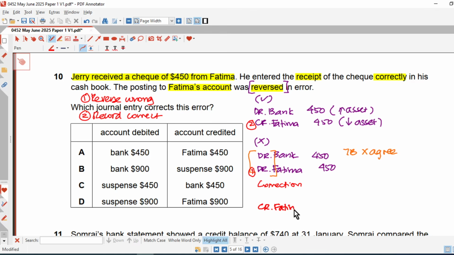So in total, I will credit her account by 900, and the corresponding entry goes to the suspense account. Debit suspense, credit Fatima's account. So that would be the correction of error.